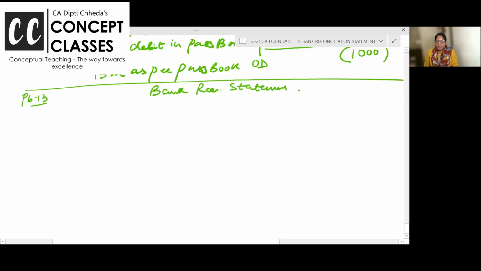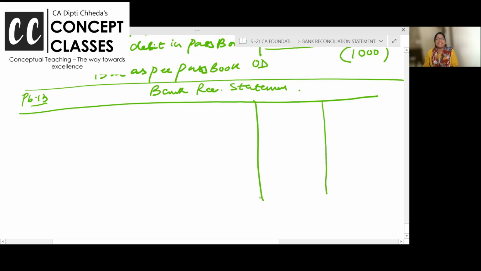Ma'am, why you are not preparing adjusted cash book? Don't do it unless they say in the exam. Ma'am, but I am liking it. Nice. No, my errors I will rectify and then I will take in BRS. My wish is not important. Your wish is not important. Paper setter says prepare BRS, everything in BRS. They say adjusted cash book, go for it. So bank reconciliation statement.